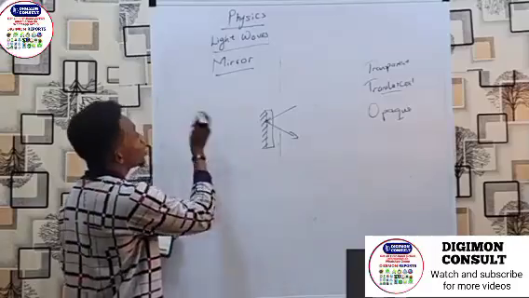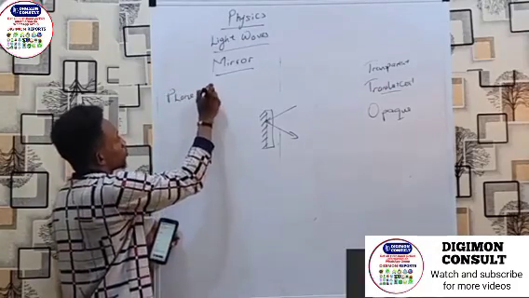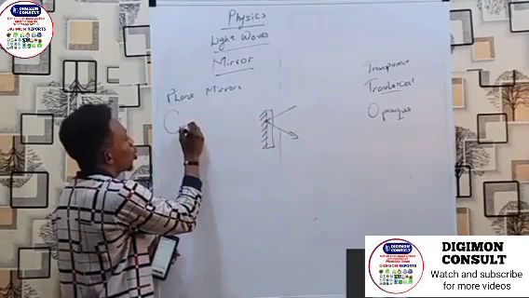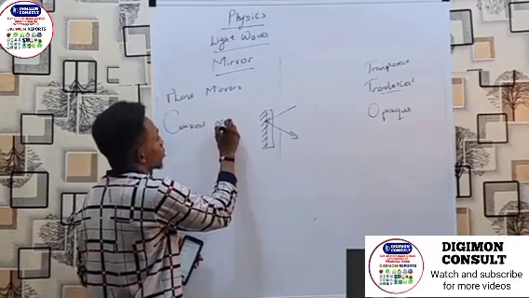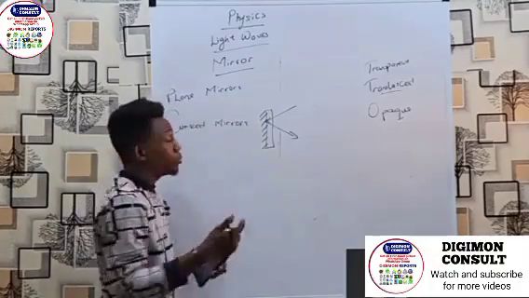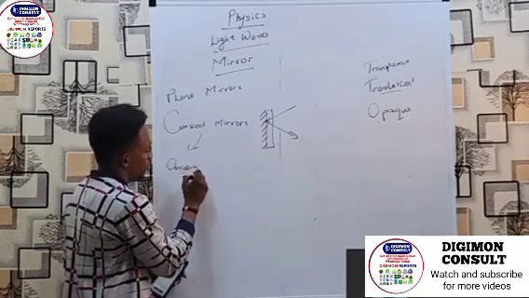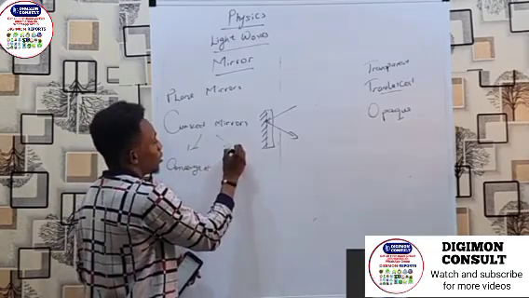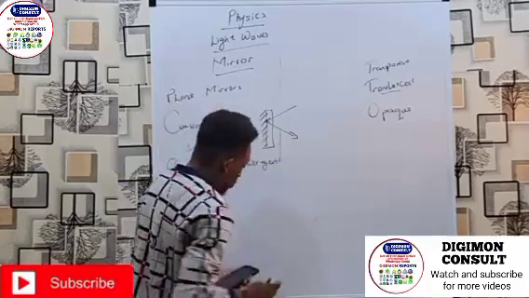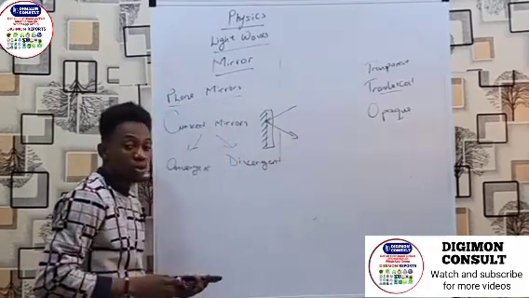Our mirrors are of two types generally: we have plain mirrors and we have curved mirrors. Your curved mirrors also have a further breakdown into convergent and divergent. But for now, we shall be starting our focus on plain mirrors.